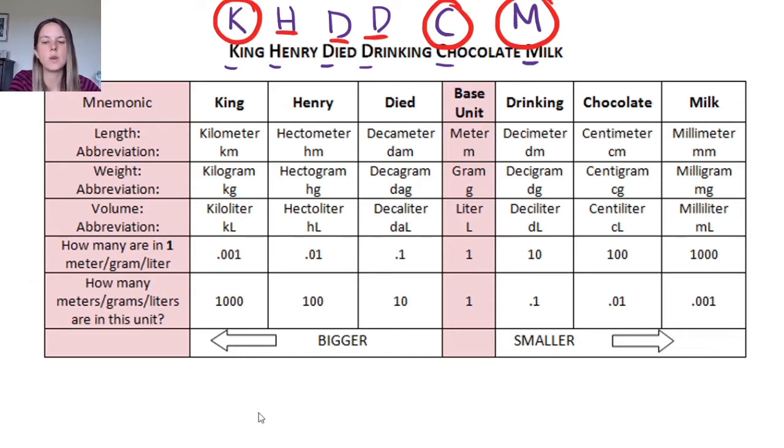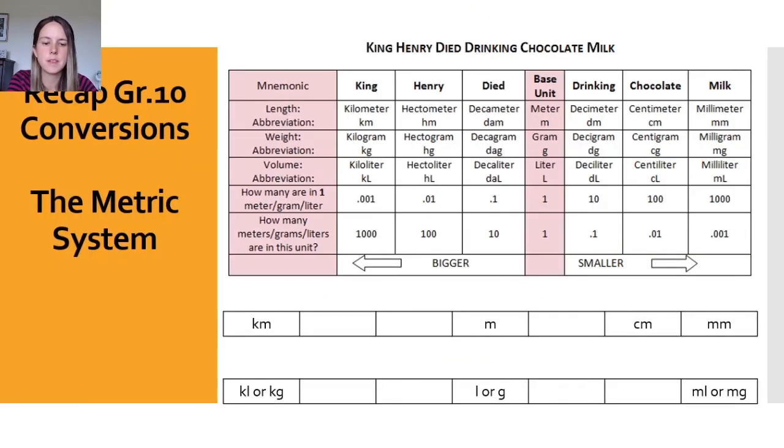Okay, let me go on to the next slide. If we have kilometers, meters, centimeters, and millimeters, and we want to convert between kilometers and meters, how do we do that?